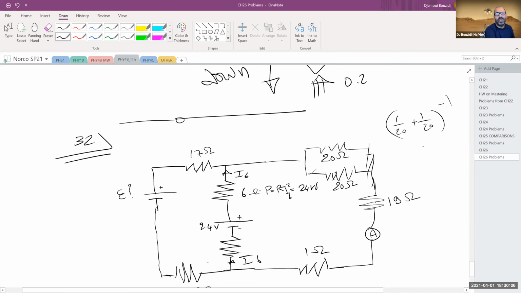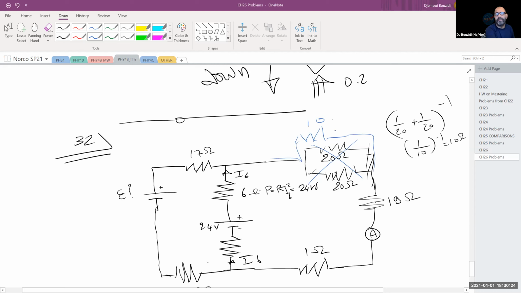And 1 over 20 plus 1 over 20 is actually 1 over 10. When I invert that, it's going to be 10 ohm. So these 2 resistors are actually equivalent to 1 resistor that is just 10 ohm, when I put them in parallel like this. So as if it's 10 ohm.